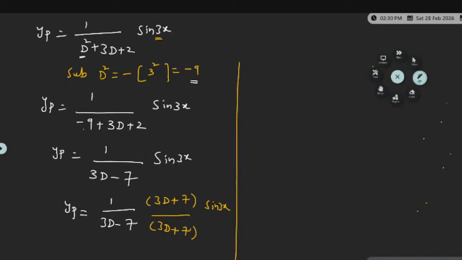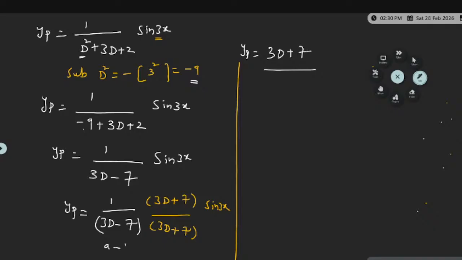Now, what is the numerator? Numerator 3D plus 7. Now multiply these two.